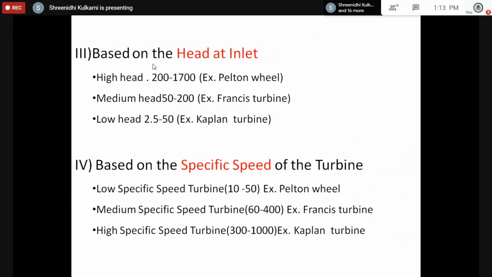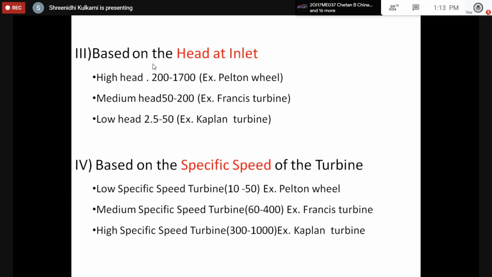Example, Pelton wheel, because the Pelton wheel is suitable for only high heads. Got it? Next is medium head, 50 to 200 meters, example Francis turbine. Another one is low head, 2.5 to 50 meters, example Kaplan turbine.